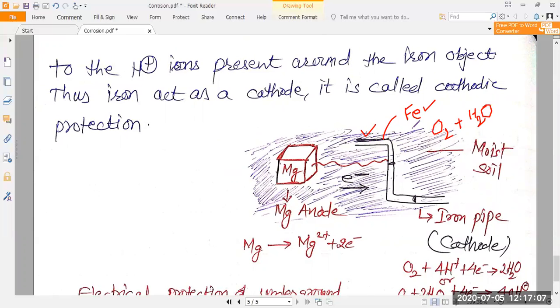So to protect iron, we take a more active metal. Suppose we take magnesium. We connect the magnesium metal to the iron pipe with a wire. What happens? This magnesium metal is more active as compared to iron. Magnesium is more electropositive as compared to iron.